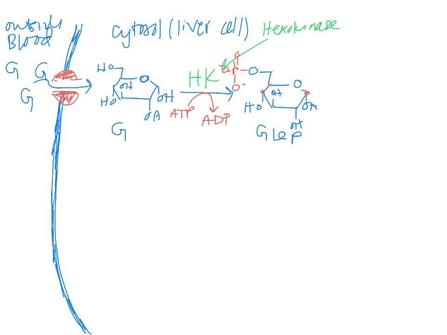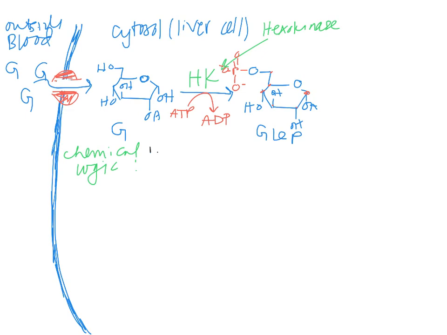Okay, so now we're going to talk about the chemical logic of this step. We call this the chemical logic. Why does this happen, and why does it happen in the way that it is happening? So this first step happens for a number of reasons.